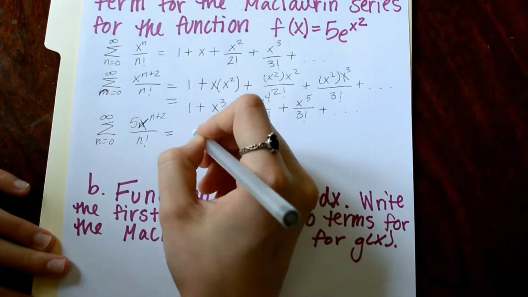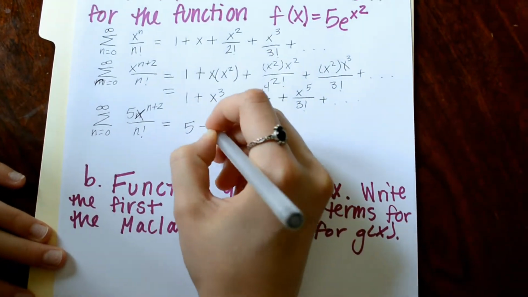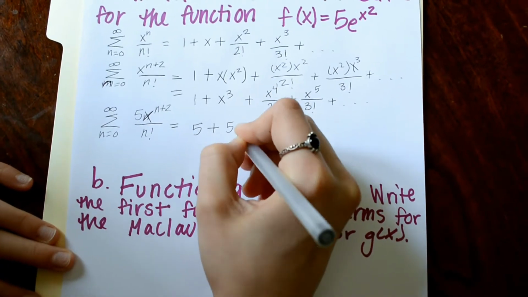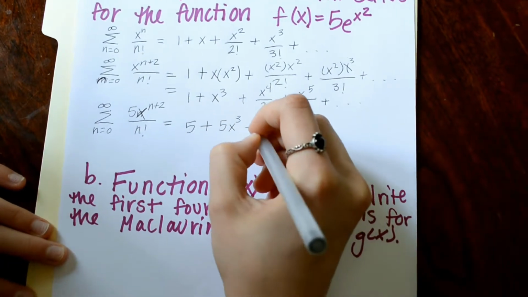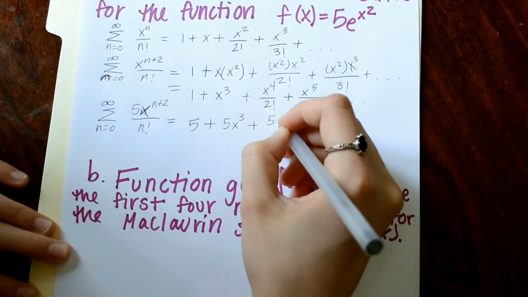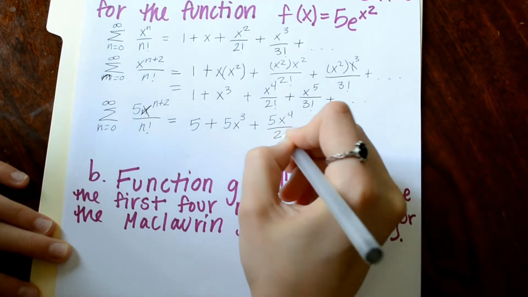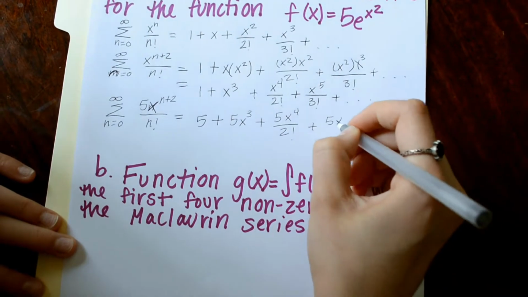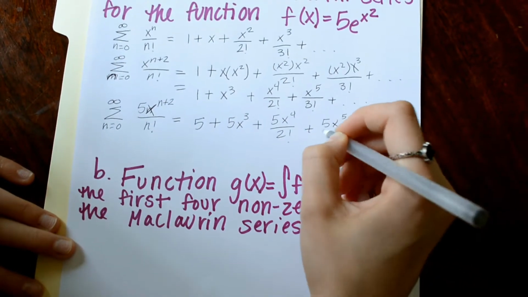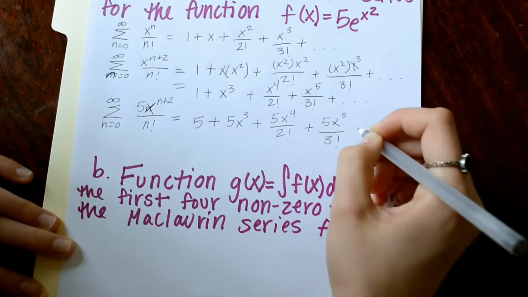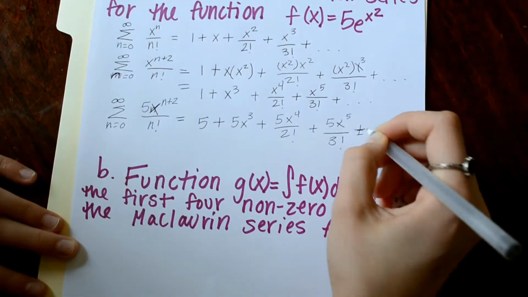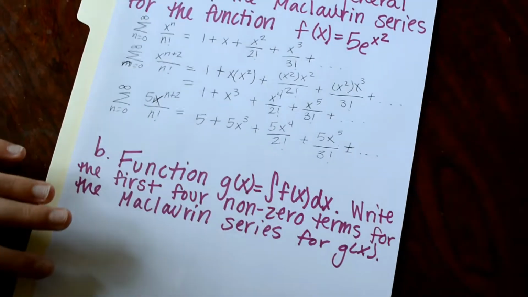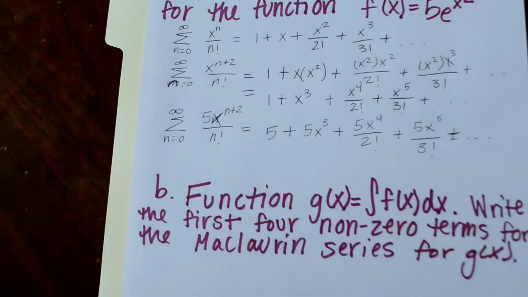So 1 times 5 is 5, plus 5 times x cubed, plus 5 times x to the 4th over 2 factorial, plus 5 times x to the 5th over 3 factorial, plus ... Ta-da! There's your answer. Yay, for part 1.